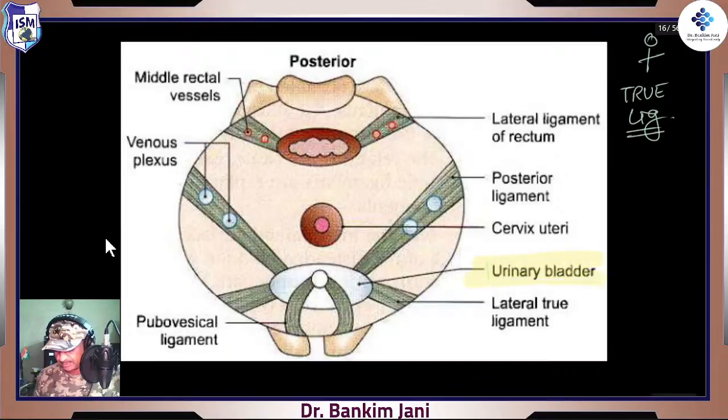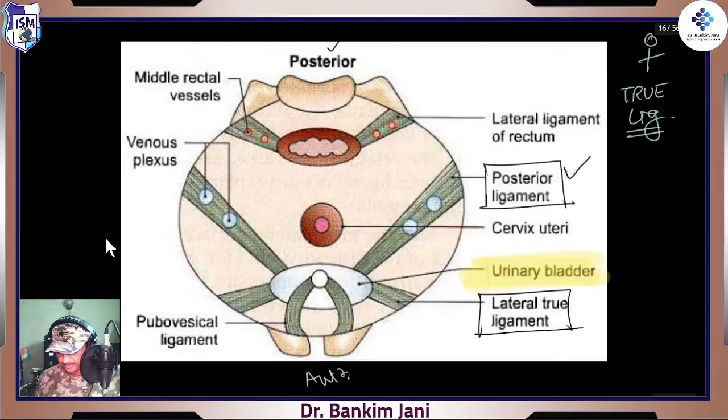So here it is the urinary bladder. And from the urinary bladder, here goes the first, the posterior ligament. It is going posteriorly. So here it is written, it is posterior, and this one is anterior. So this is the posterior ligament. And those on the side are going as the lateral true ligament.